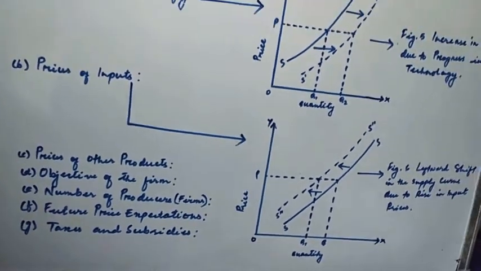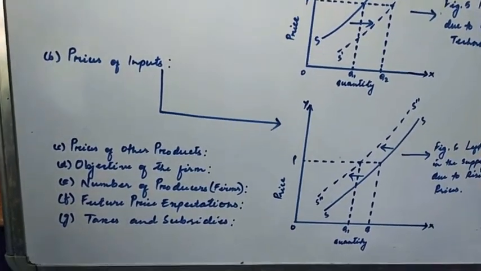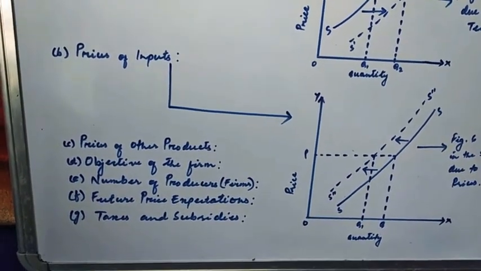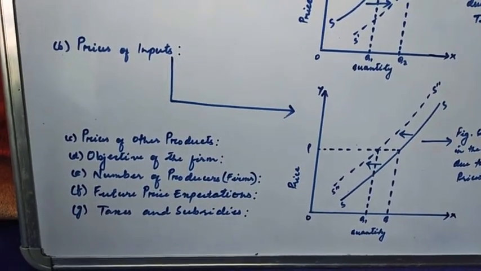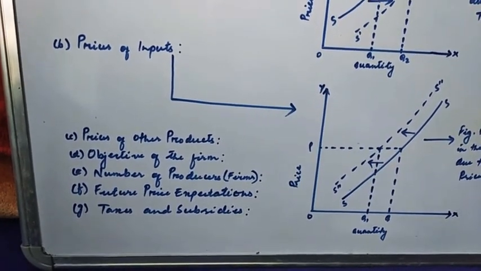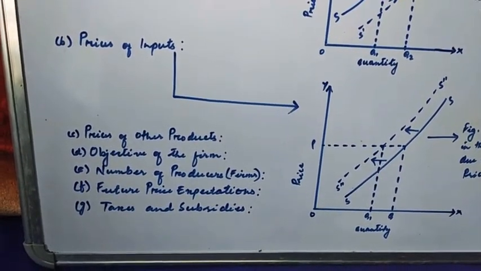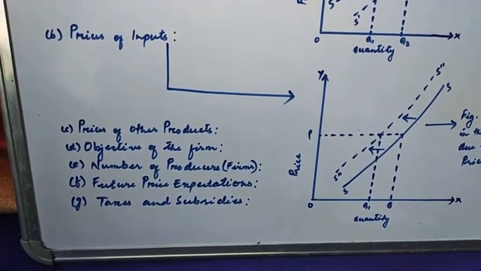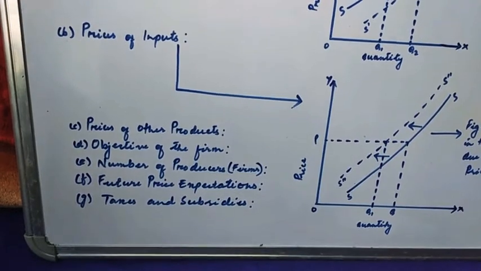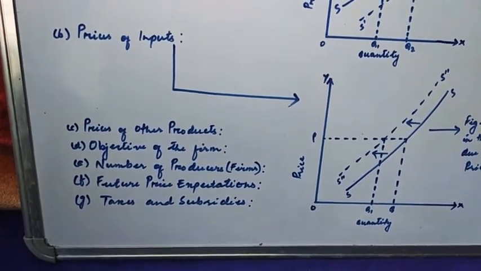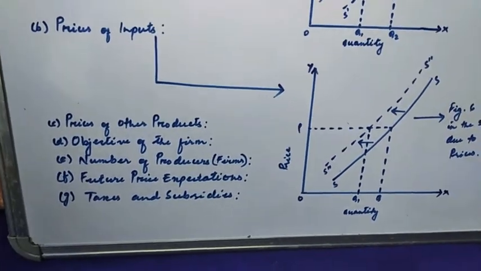So when they expect a situation when there is a rise in the price for a product in the future, what they will do is they will hoard the product to sell in the future, and then at the present situation supply will be less.